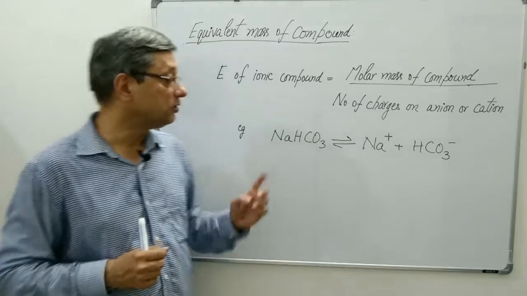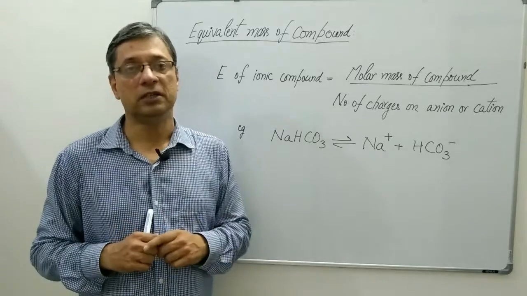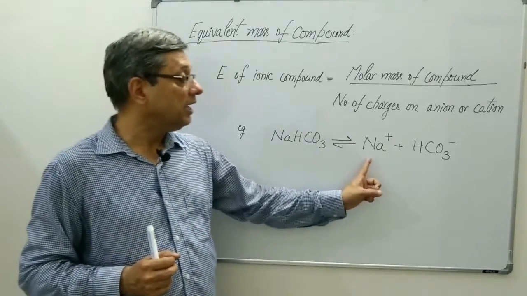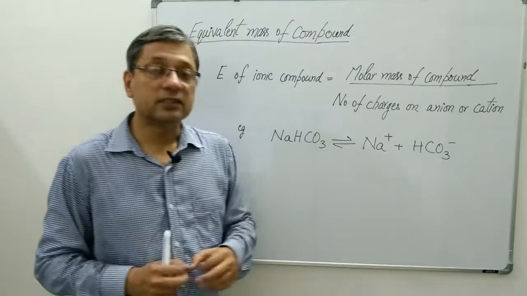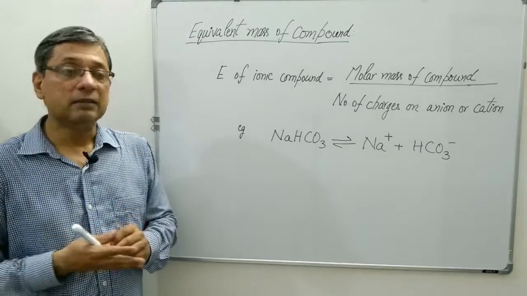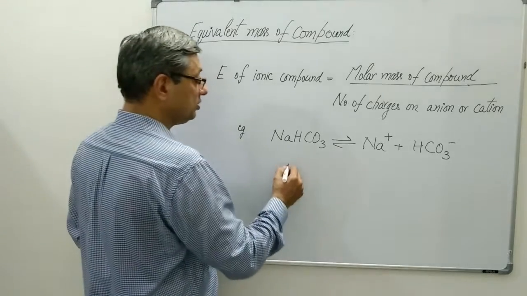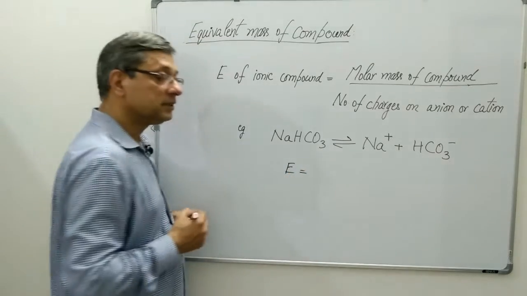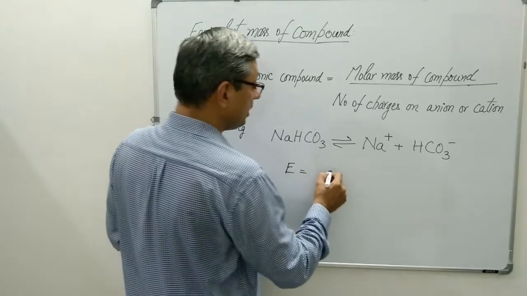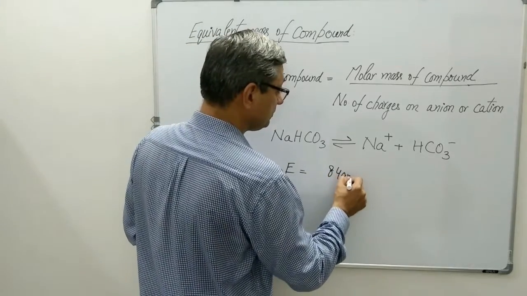For example, sodium hydrogen carbonate. Sodium hydrogen carbonate dissociates into Na positive plus HCO3 negative. To calculate the equivalent mass of sodium hydrogen carbonate, I will consider the molar mass of NaHCO3, which is equal to 84 grams per mole.